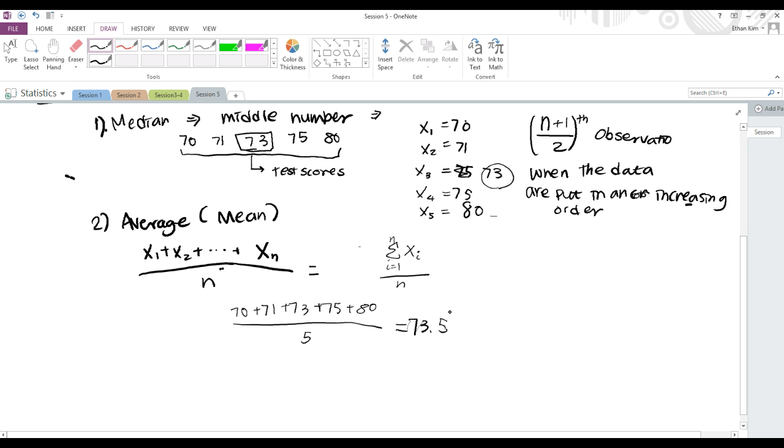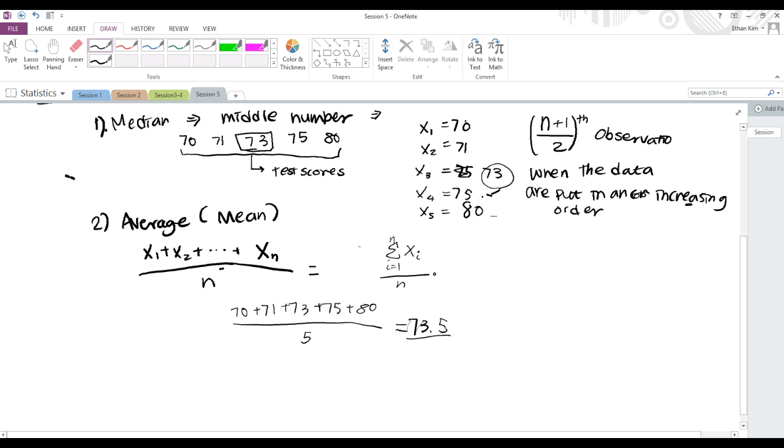Another important thing to notice: we do have two ways of measuring the center, median and mean. But when do we use which one? We don't really know when to use mean or median. In this case, luckily, it was similar: 73 and 73.5 is pretty close.